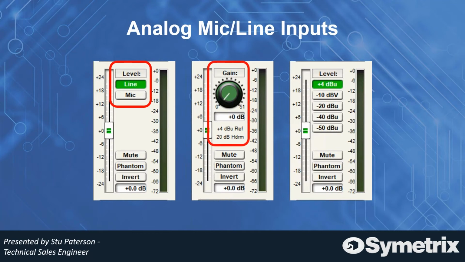So moving forward, now with our Radius NX, you can see that we have an actual knob, a turnable knob, in order to set the input source gain to an adequate level to where we're getting our dBu reference or our +4 dBu reference. And you can see down below, it'll actually tell you what it's expecting. At this point, with the dial set to 0, it's expecting +4 dBu reference.